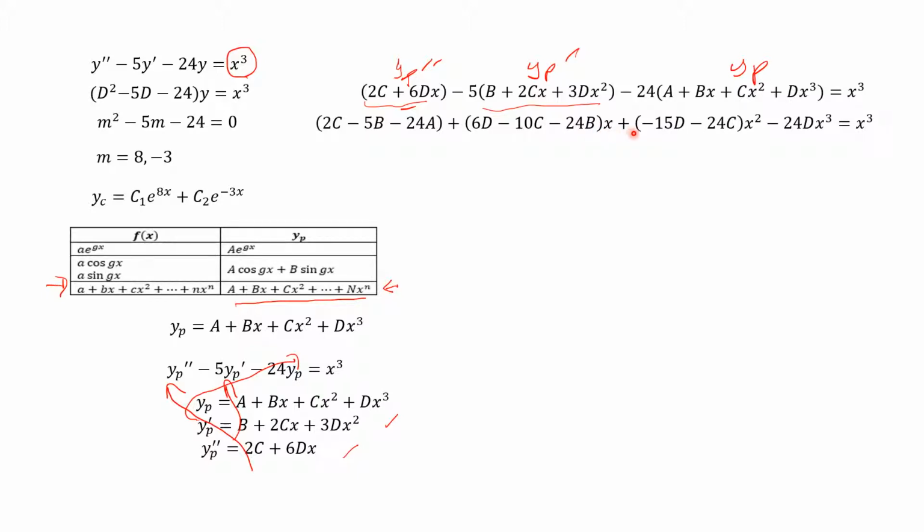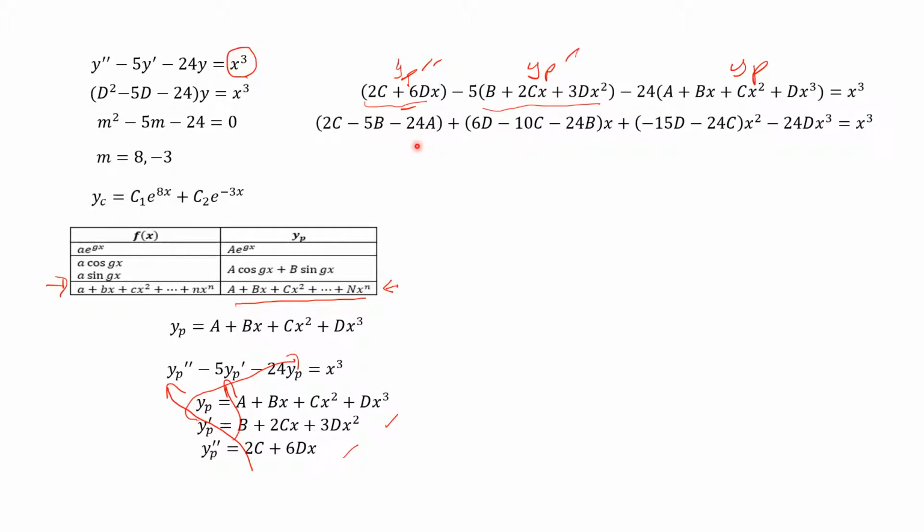For the coefficients of x squared, you have negative 5 times 3d, which is negative 15d, and negative 24 times c, which is negative 24c. And then you have only one x cubed term, which is negative 24 times d, negative 24dx cubed.